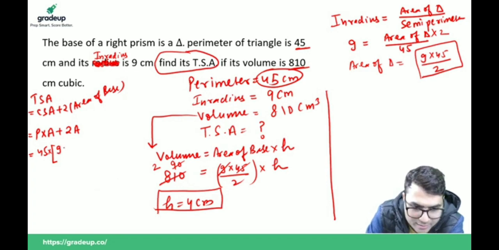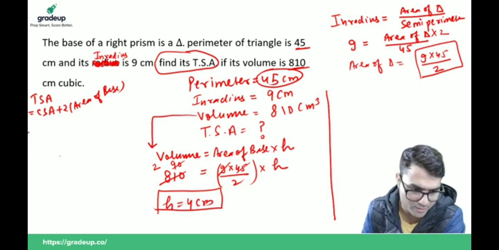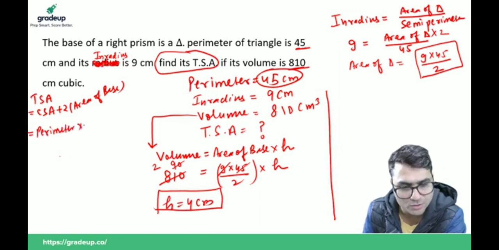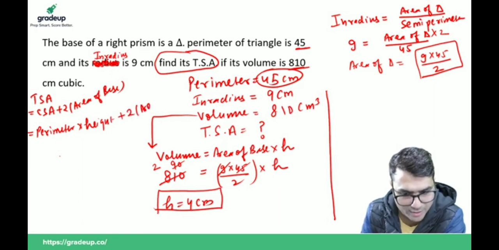Total surface area will be equal to curved surface area plus twice of area of base. And curved surface area is what? Perimeter of base into height plus twice of area of base.